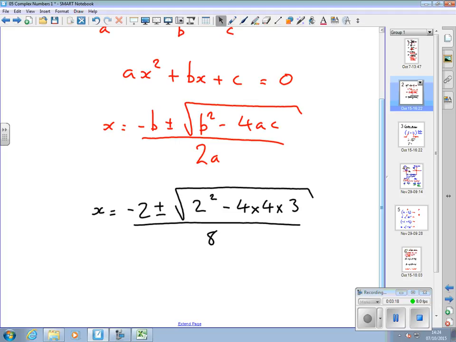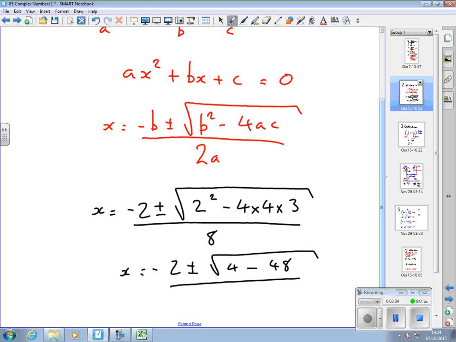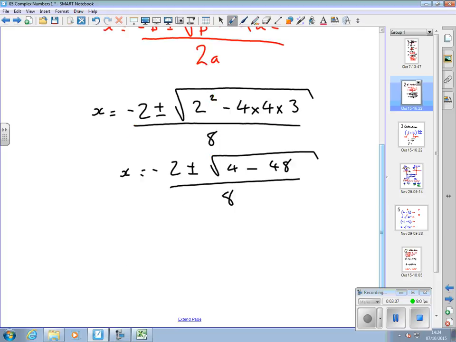I might even work out what that is. 4 4s are 16, times 3 is 48, thank you. So x equals minus 2 plus or minus the square root of 4 minus 48 all over 8. What's 4 minus 48? Minus 44 over 8.